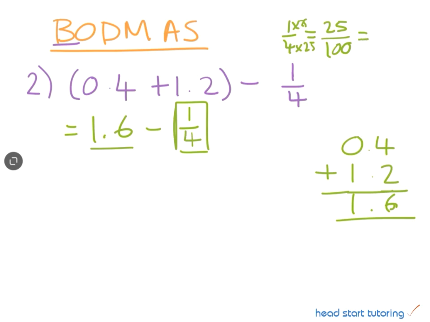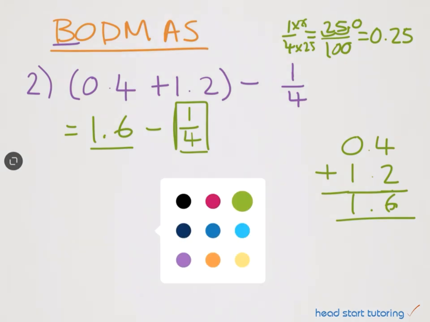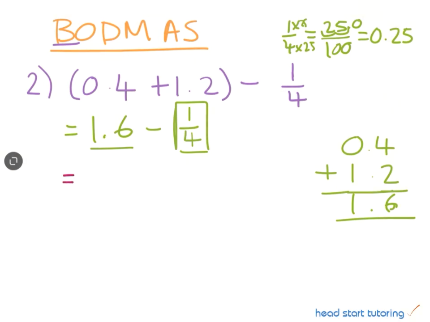And 25/100, remember, is 25.0 divided by 100. So we bring in 2 decimal places, and we get an answer of 0.25. So what we can do here is convert our 1/4 into a decimal, because that's quite simple. But what we could also have done is converted 1.6 into a fraction, which would have been 16/10.